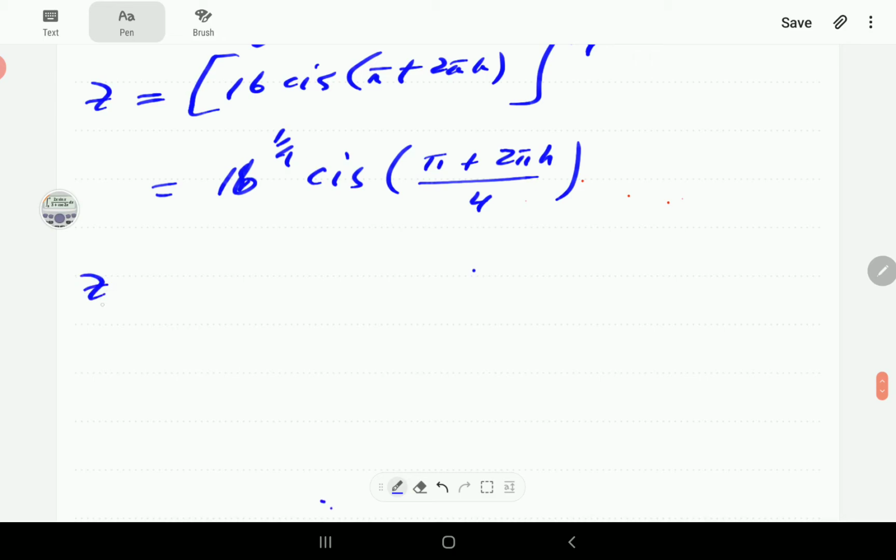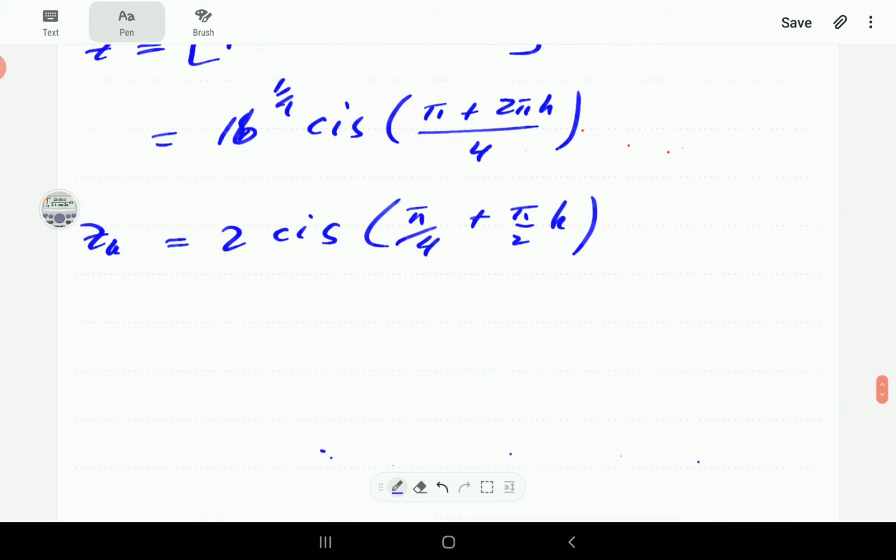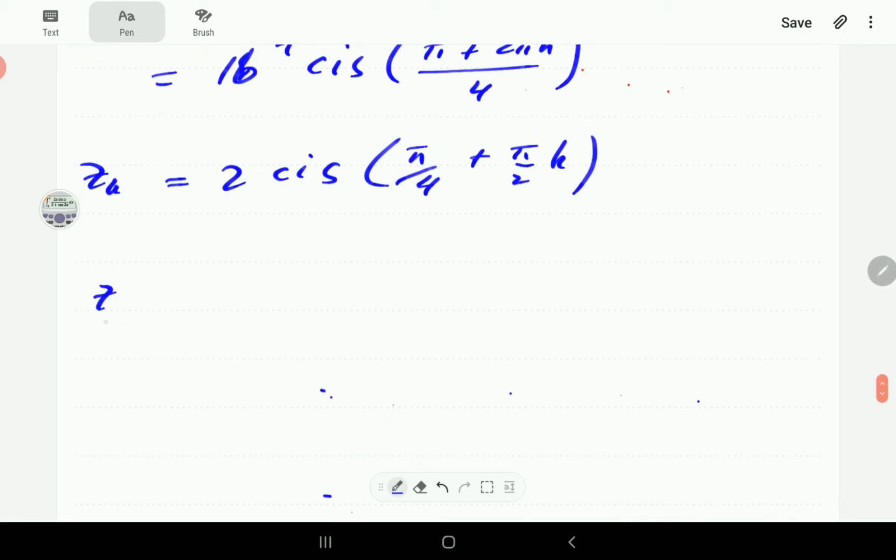If we denote these z sub k, 16 to the power 1 over 4 is 2. So it's going to be cis pi over 4 plus pi over 2 k. Then we just plug in values of k starting from 0. When k is 0, this is going to give us cis pi on 4.